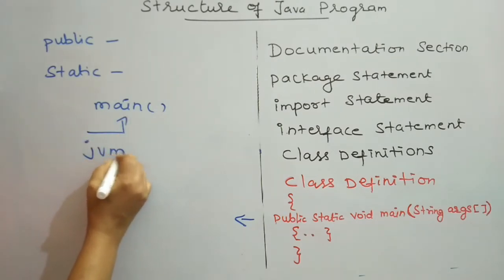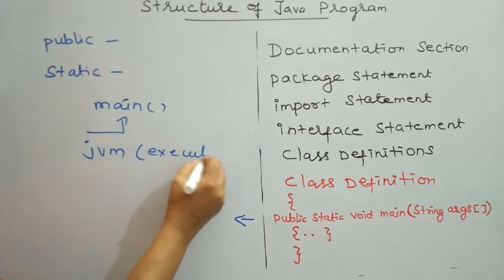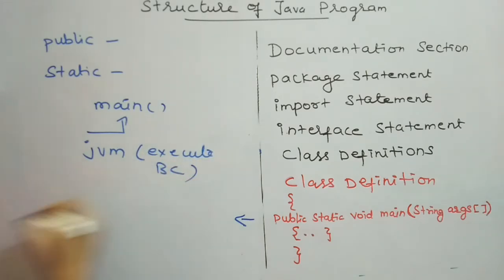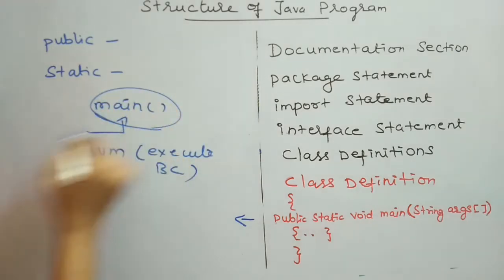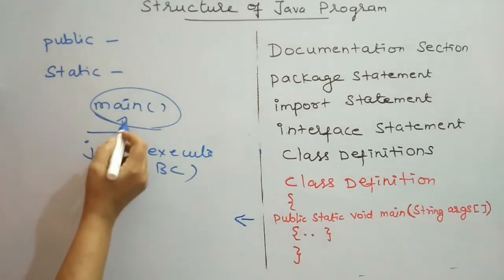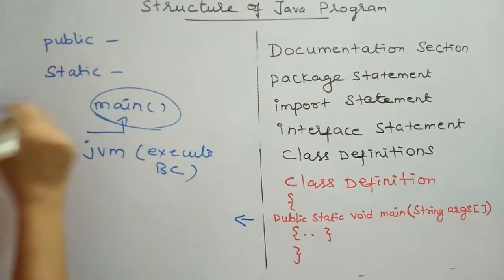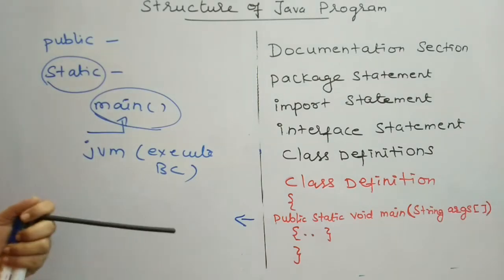It is your JVM. JVM is responsible for executing your bytecode. Okay. So when executing your program, execution starts from the main method. So the main method should be accessible without creating an object for the class. That is why the main method is made static.